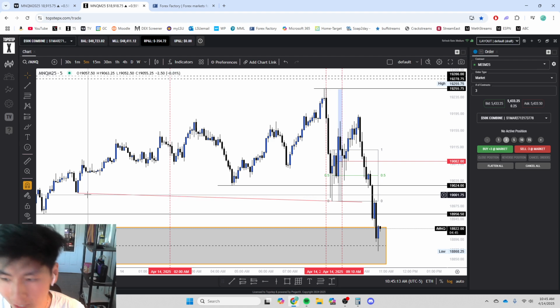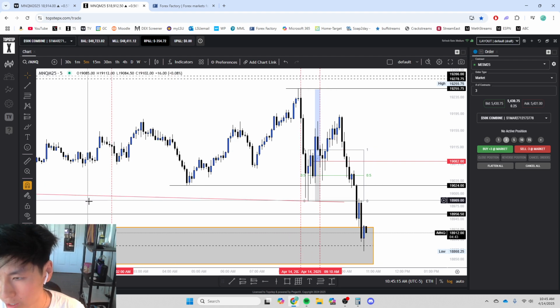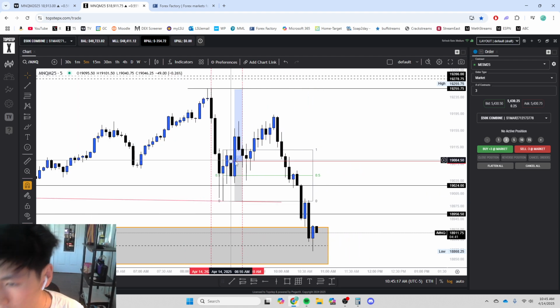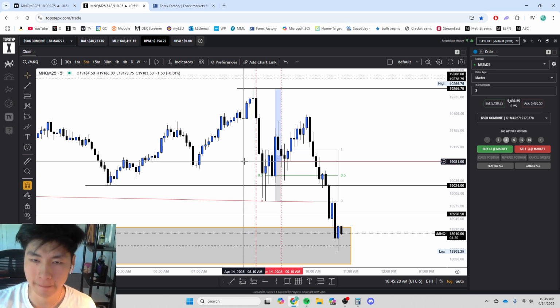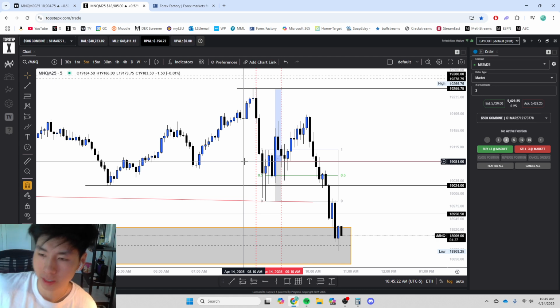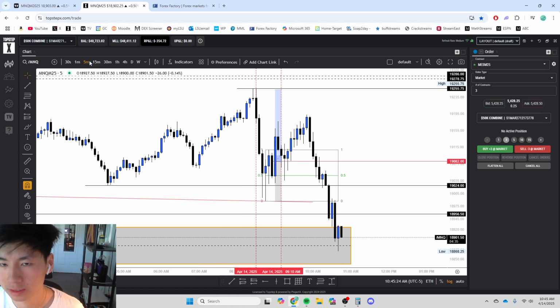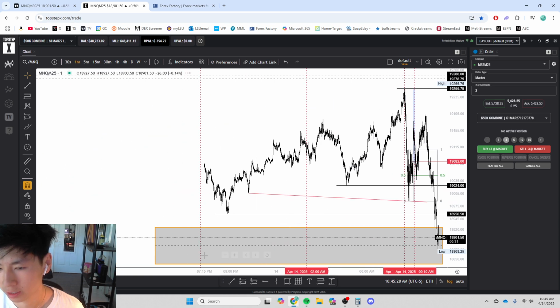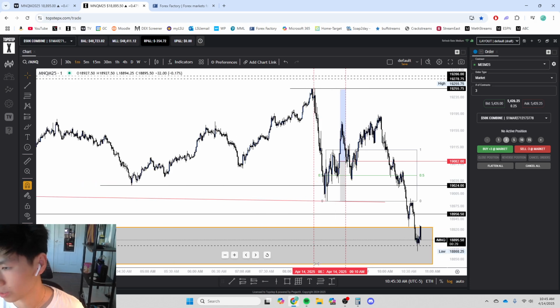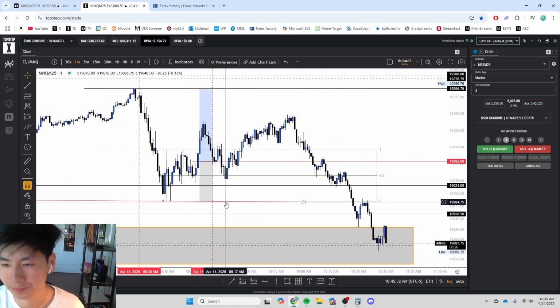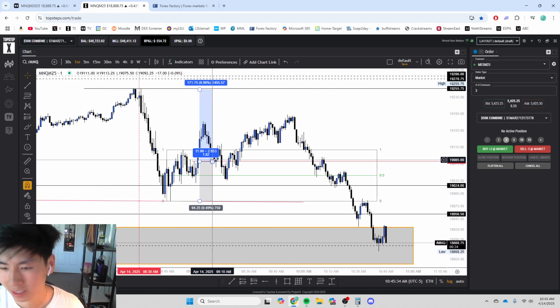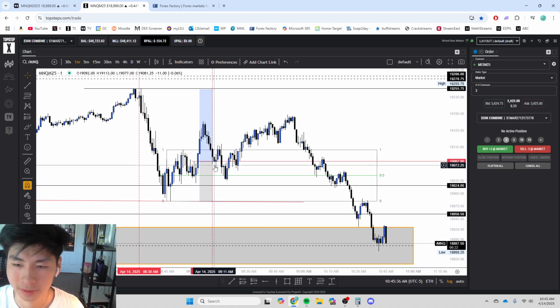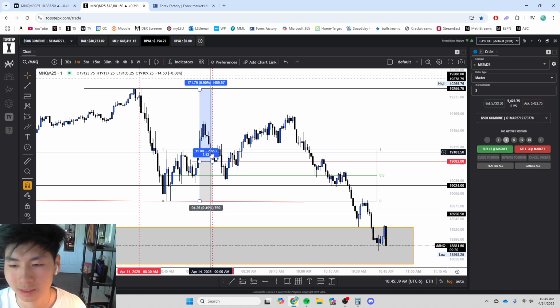So NQ was the lagging index, but I still took it on ES, I think just because of the amount of contracts I could take. Now we're retracing into this new week opening gap. NQ is just more expensive, if you know.